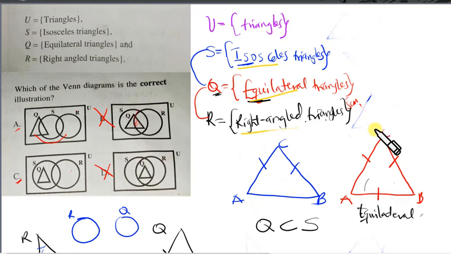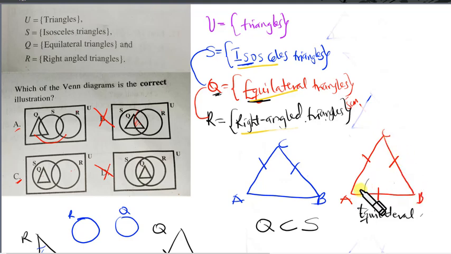So now let us look at an equilateral triangle here. Let's take any two sides. Forget about the third side, because we want to check whether an equilateral triangle is also isosceles. Equilateral triangle has got three sides equal and three angles equal, but for it to be isosceles, we need just two sides. The first thing that I want to do is take the side AB and the side BC.